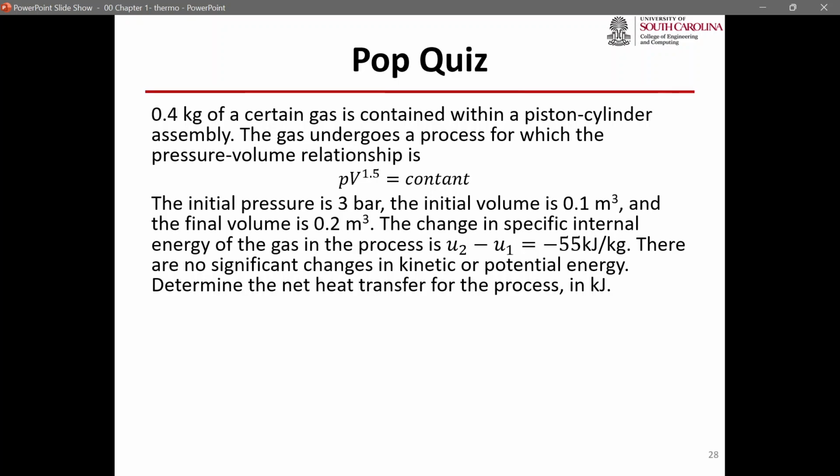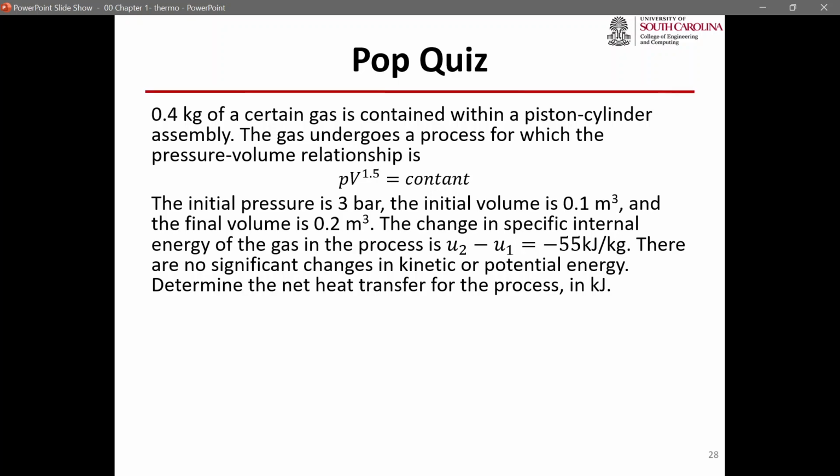This is the quiz. We have 0.4 kilograms of a certain gas that is contained within a piston cylinder assembly. The gas undergoes a process for which the pressure-volume relationship is PV to the power 1.5, where volume is the only thing going to the power 1.5, is constant. The initial pressure is 3 bar, the initial volume is 0.1 meters cubed, and the final volume is 0.2 meters cubed.